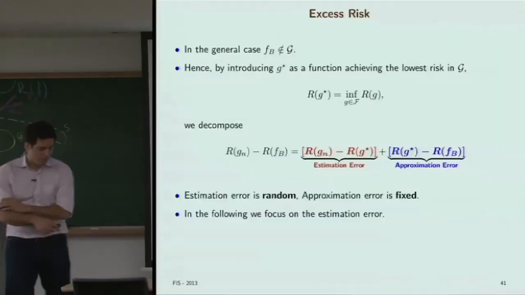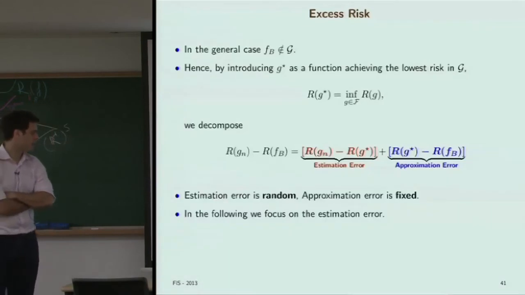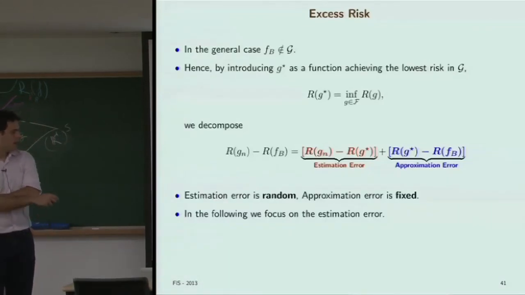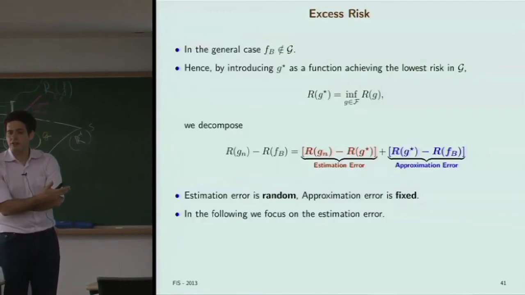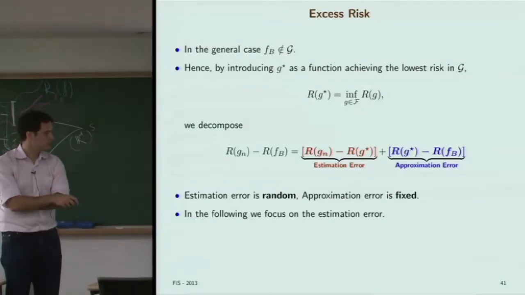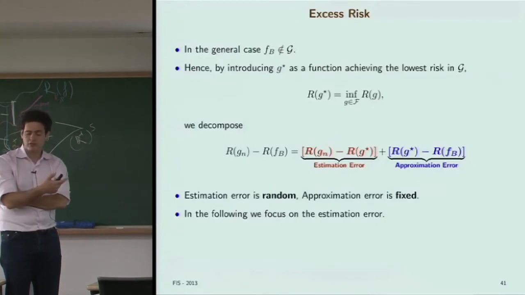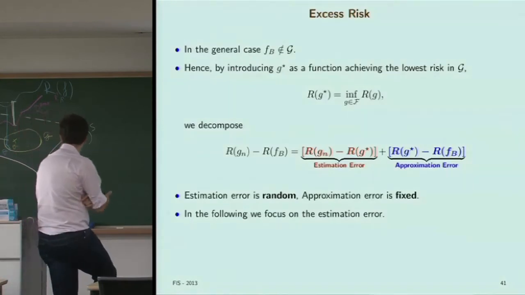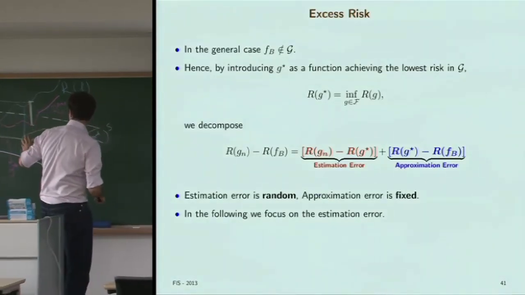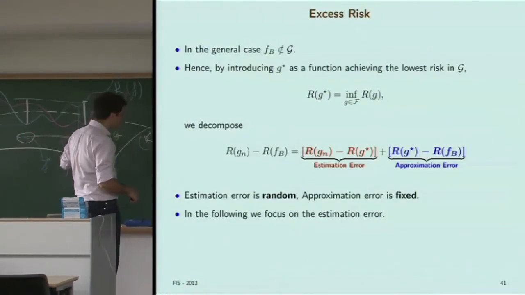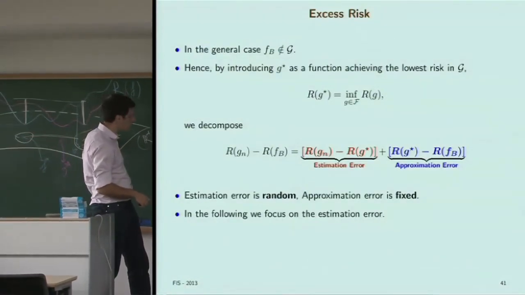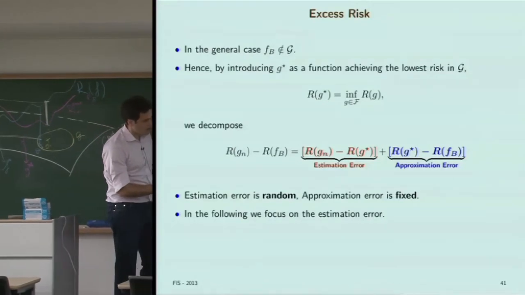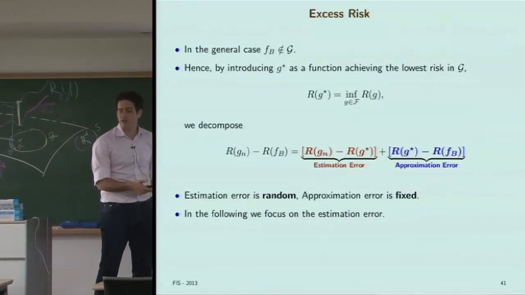So no matter what happens, if I define a function class G, this will never change, right? No matter what the type of data set that I have, the size and number of points, the difference between this and the best possible in the function class G here, this doesn't depend on the database.